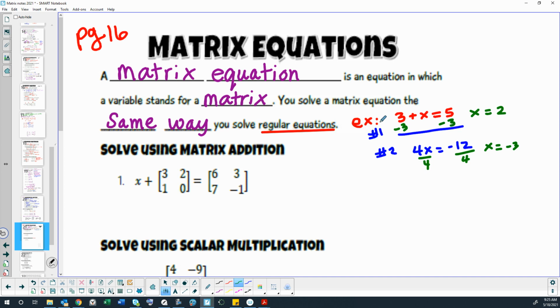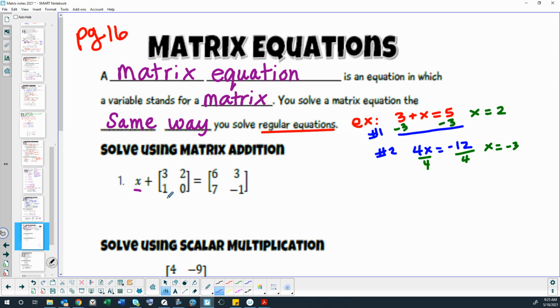Only these are matrices instead of just little equations. You don't have to write this down. This is just to refresh your brain on solving a regular algebraic equation. So we want to solve for x, and x happens to be a matrix, because we're adding a matrix to it and we're getting a matrix as an answer. So when we find x, we're actually finding all 4 numbers in a matrix.